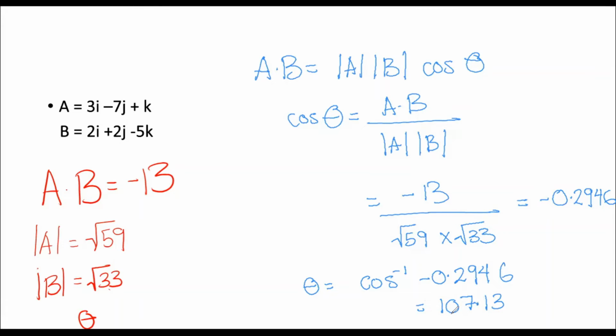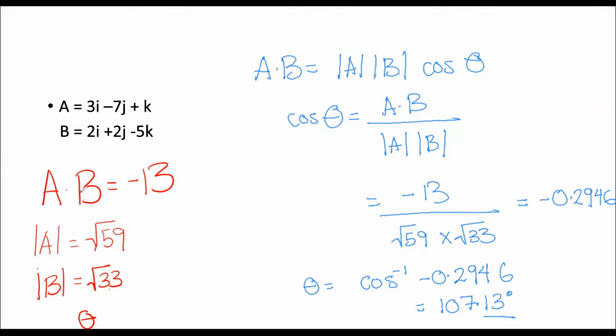So 107.13 degrees. The angle between these two vectors is actually 107.13. If you want a whole number, you can just leave it as 107. It's up to you how you want your decimal places to be, depending on the question. I usually like to leave it as 2 decimal places.